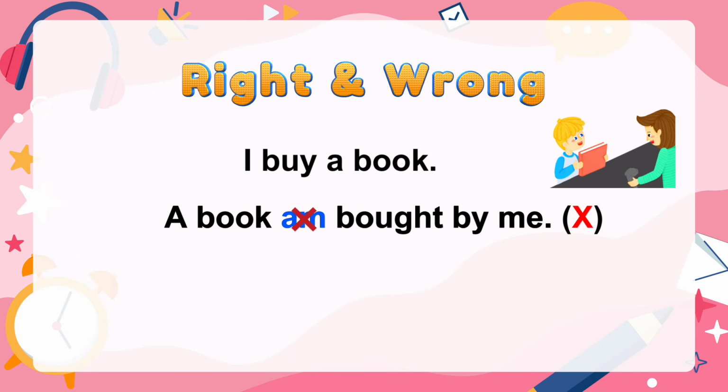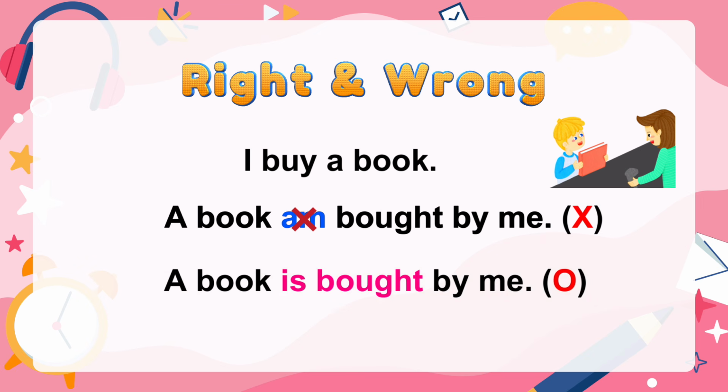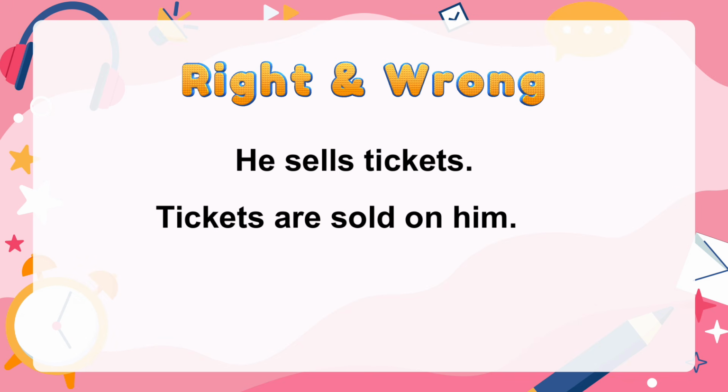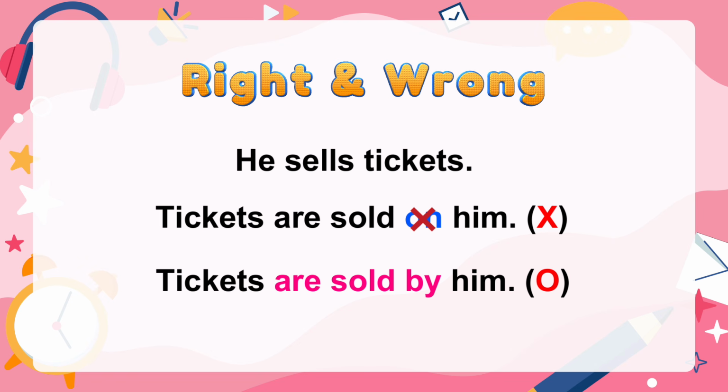The correct sentence is, a book is bought by me. The next one says, active voice, he sells tickets. Passive voice, tickets are sold on him. This is wrong. The word by is put before the new object. The correct passive voice is, tickets are sold by him.